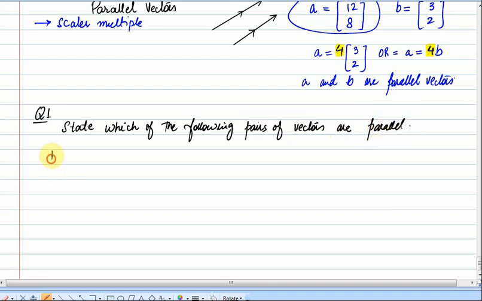You need to identify the parallel vectors. I will start with part B, and A and C part you will do on your own. It says 9, 7 and 18, 21.